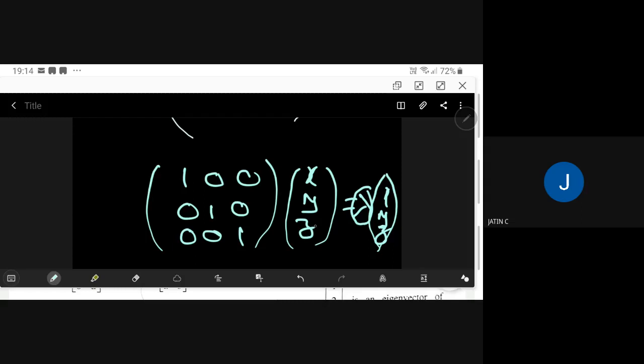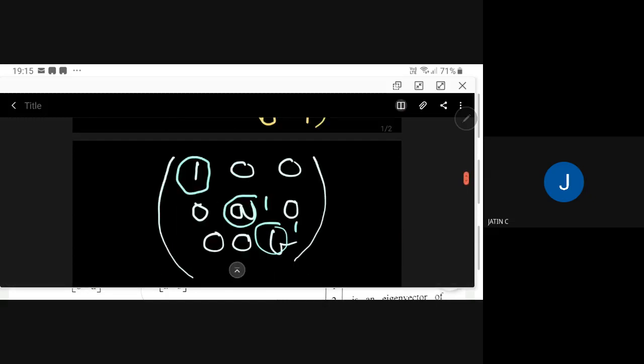Identity into this column matrix is the same matrix, so lambda is equal to 1. So the only eigenvalue of the identity matrix is 1, and you take any x, y, z, you get 1 into the same vector. That is why, if 1 is there in this place, A and B must be equal to 1. Other choices will not work here.